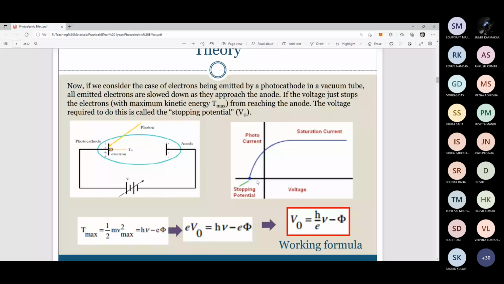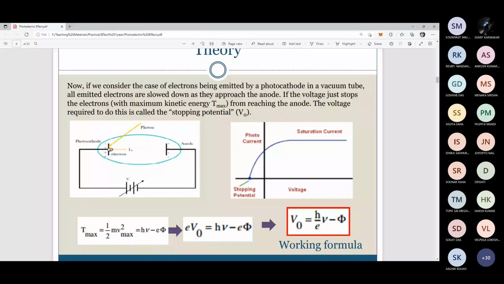So if we plot the current, now suppose you come to the experiment. There is a high tension applied between these two electrodes, and a light beam of suitable energy h nu, where nu is the frequency of this light beam.